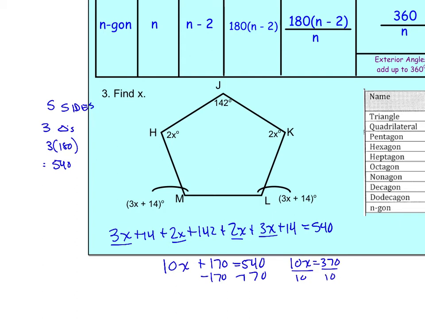A little division, x equals 37. There you go, there's my answer. The biggest battle is my setup: making sure I got my total right, making sure I'm counting 1, 2, 3, 4, 5 sides, and then going from there.